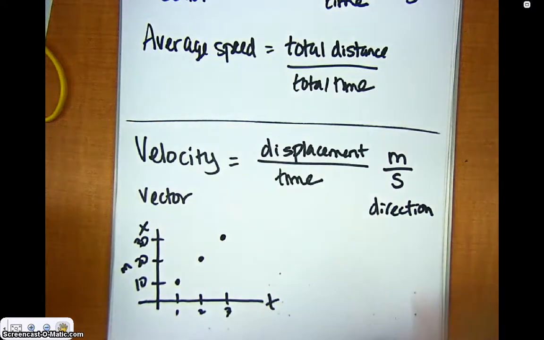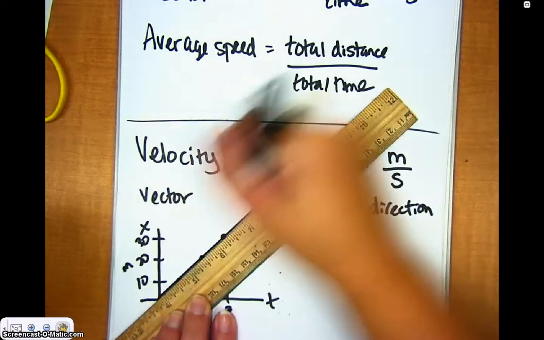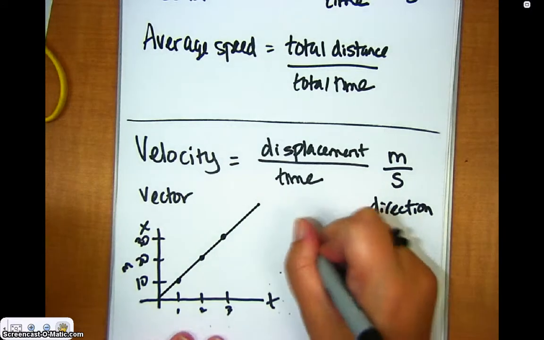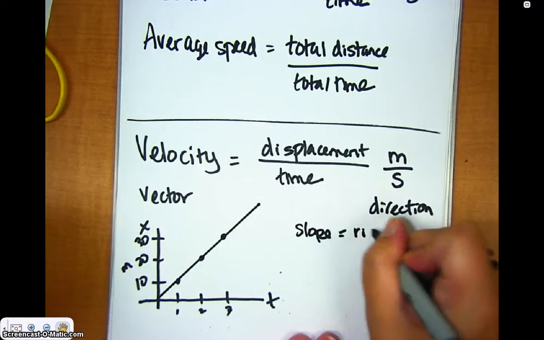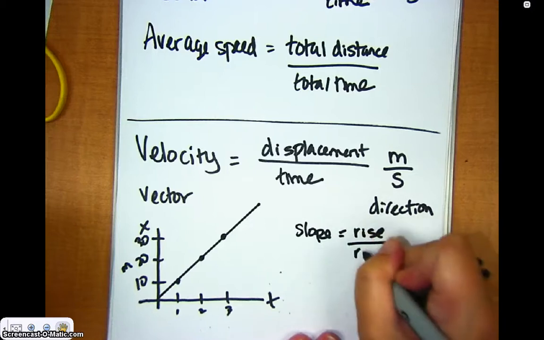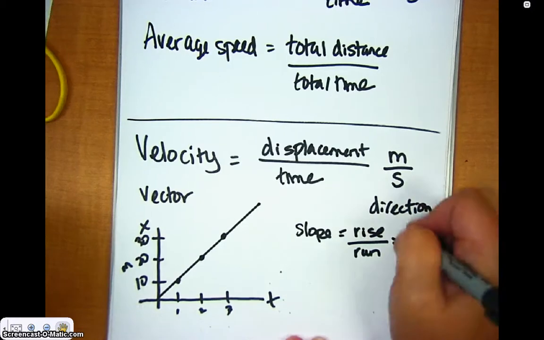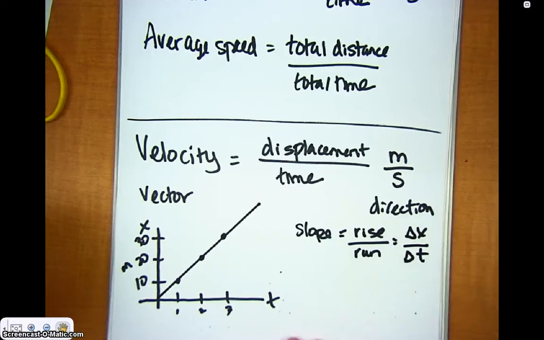Okay, so let's connect the dots. That's a linear graph here. Right. Now, if I wanted to calculate the slope of this line, remember that slope is rise over run. So according to our graph, that would be change in position over the change in time.